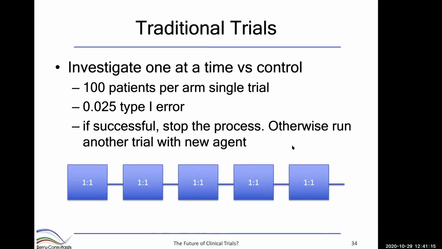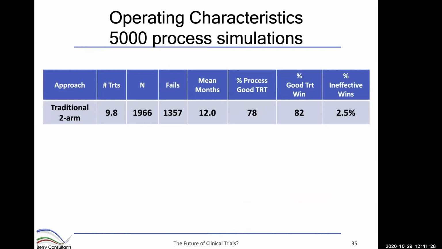And what I'm trying to figure out is, how long do I have to do this? How many patients do I have to investigate before I find the needle in the haystack, the one of the novel agents that does indeed work? There's a paper that has all these results out in clinical trials. I'm just going to summarize. This kind of study, you need an average of about 2,000 patients.